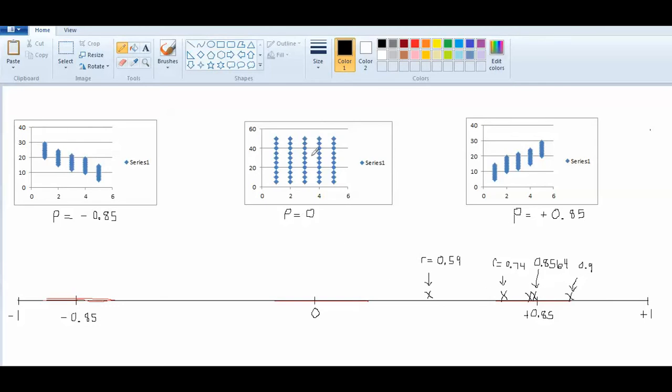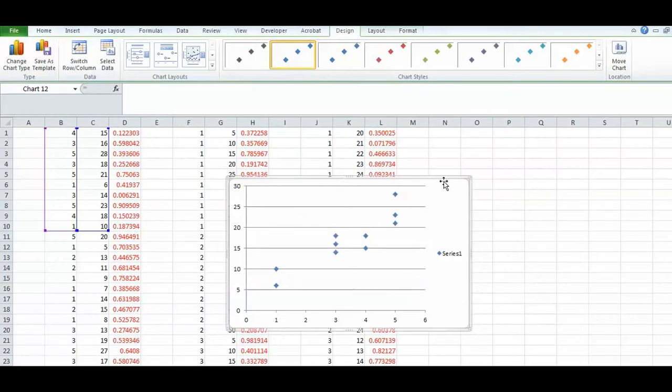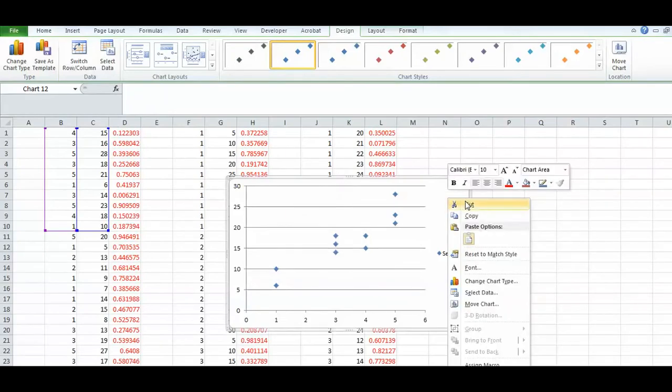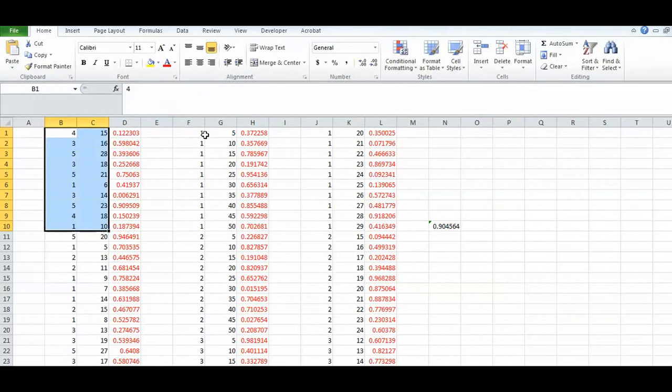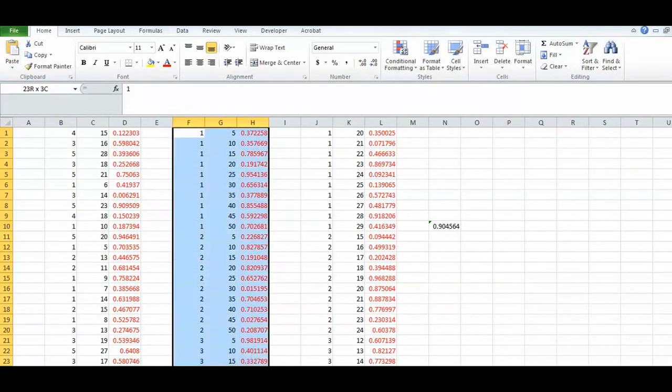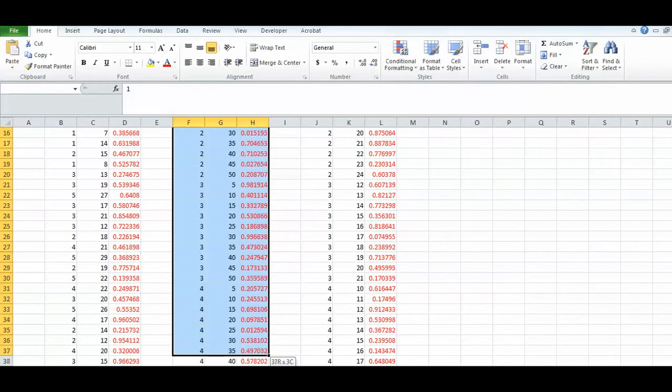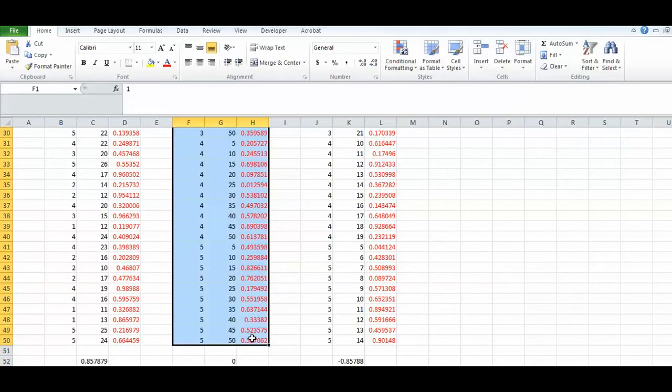Now let's take some samples from this population with no correlation. To do that, we have to shuffle these numbers. Remember that this population of 50 people right here is the population with no correlation, because these 50 people have a population correlation of 0.